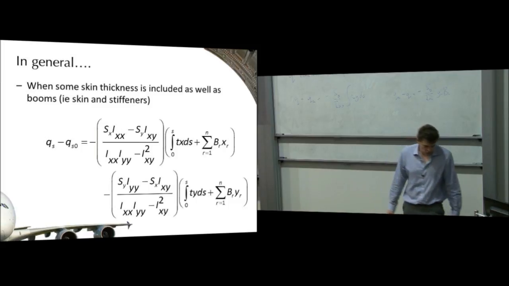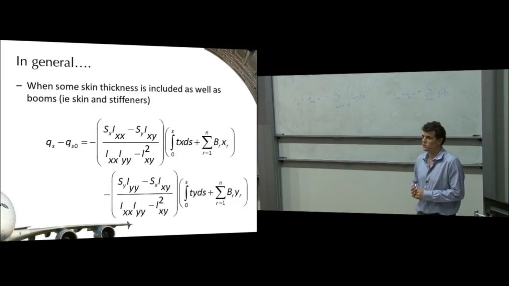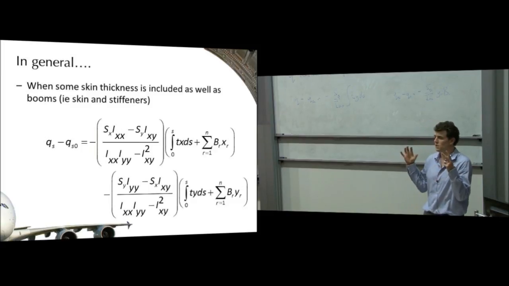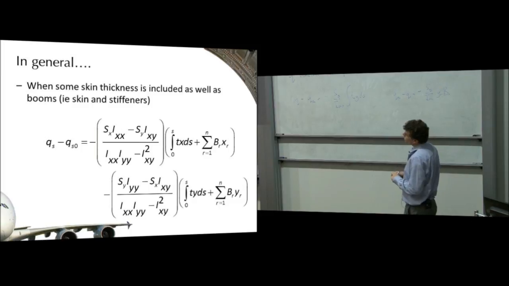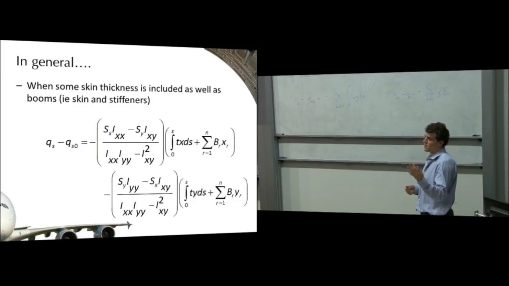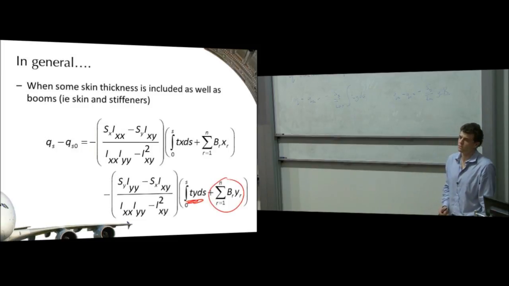This is where we've assumed that both the skin is carrying shear stresses and direct stresses, and all we've idealised is the stiffeners. So if we've idealised the stiffeners but left the skin being able to carry shear stresses, then we still have to do our integration, but we also have to include the change as we cross over our stiffeners.